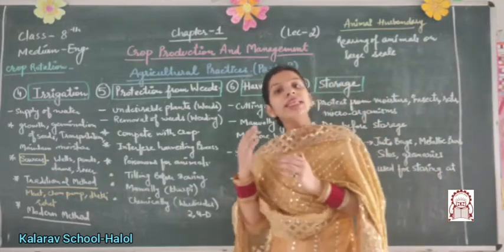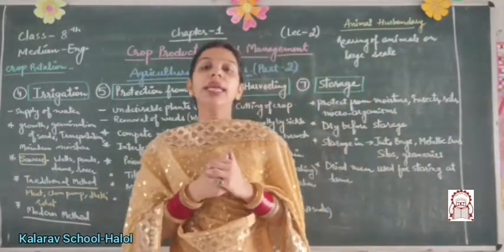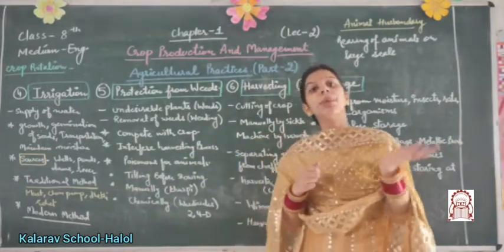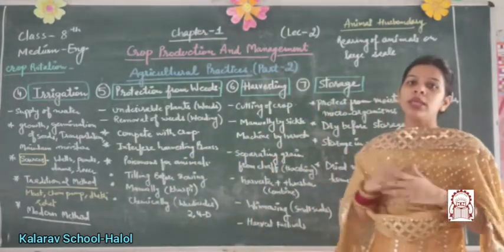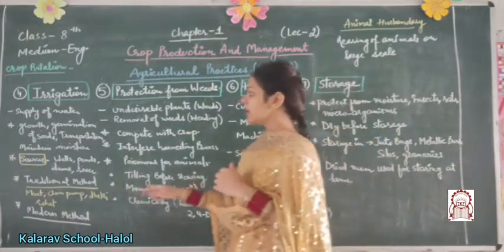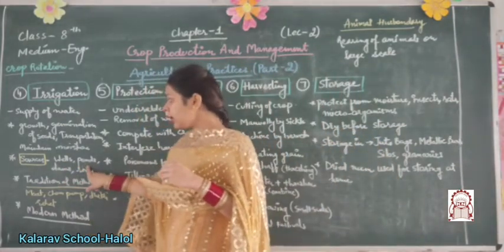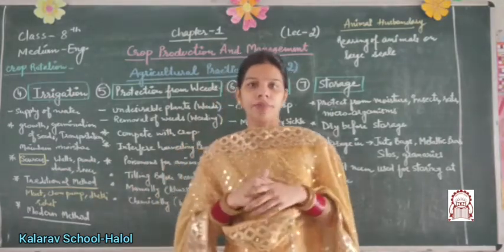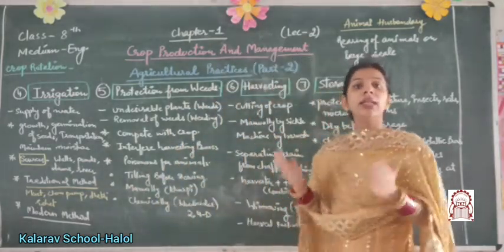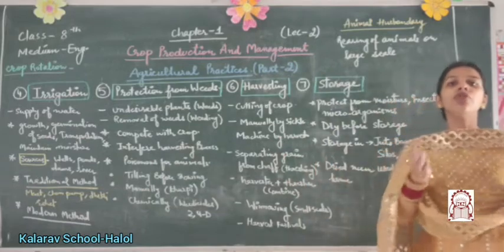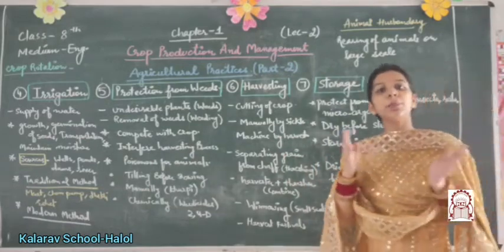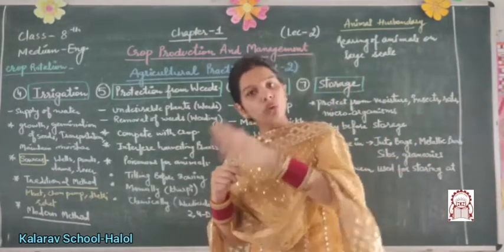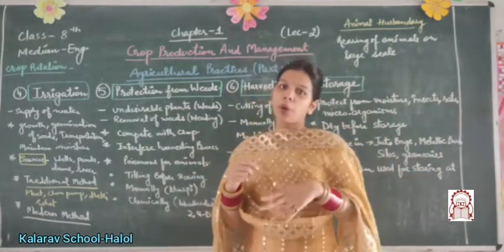So there are many sources of irrigation, or sources of water, through which we can supply water to the crop. Number 1, that is well, pond, dam, river, canal, etc. So there are a number of methods through which we can supply water to crops, from river to crop, from dams to crop.